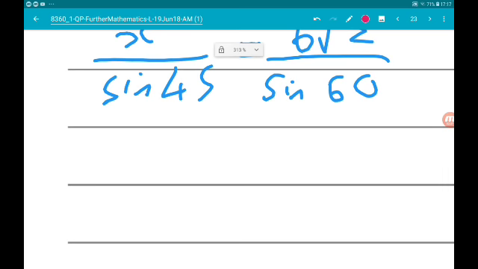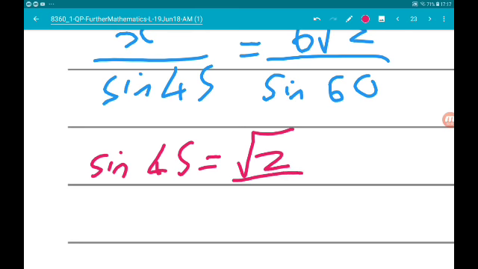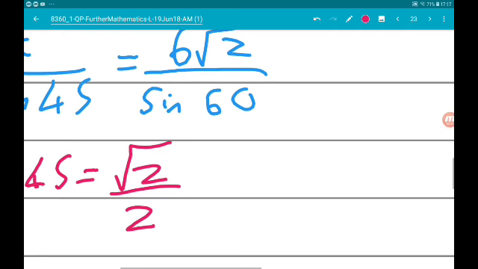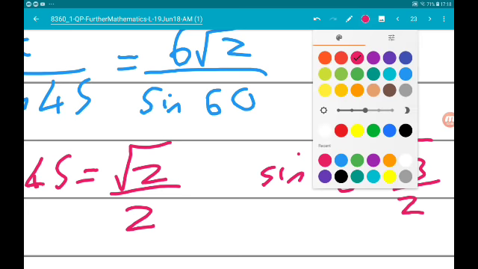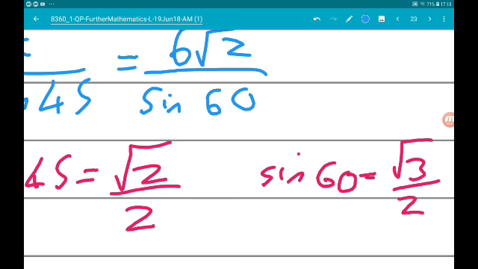Now, the two trig values then that we need to know are sine of 45 is root 2 over 2, and sine of 60 is root 3 over 2. I'll put a link to my video down below.